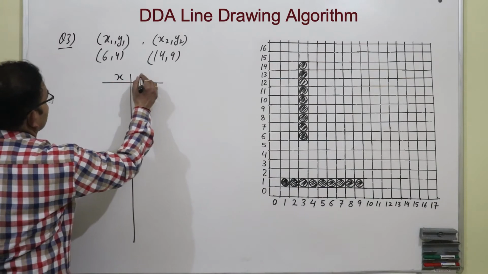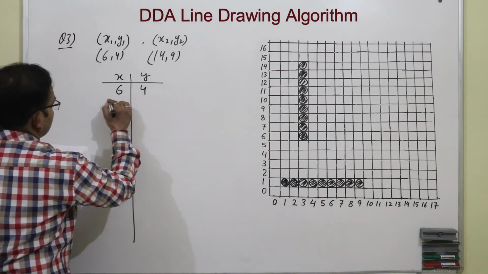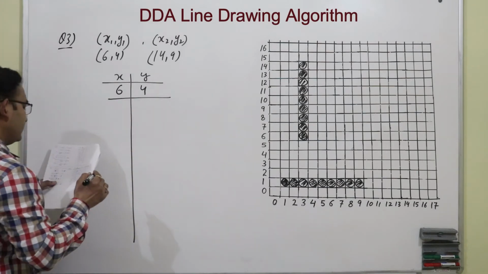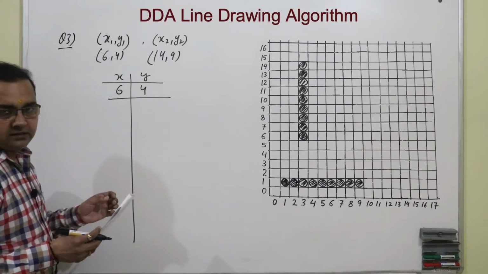X, y, initial coordinates are 6, 4. So, there is increment of 1 in x and increment of 0.6 in y.